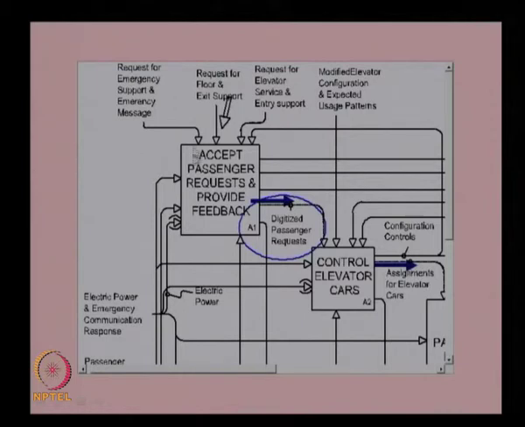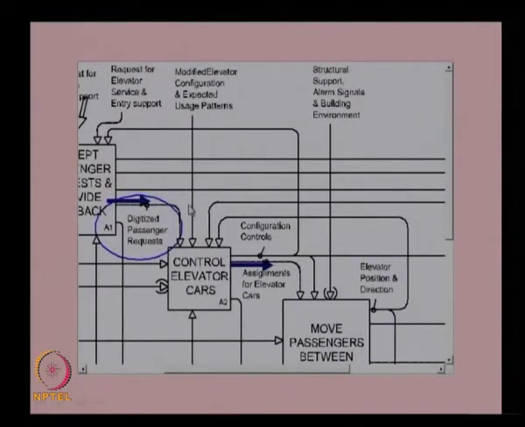That is coming to function A1, and from A1 it is going as digitized passenger request. So this request is processed in A1, and that request is going to A2 function, that is control elevator car.